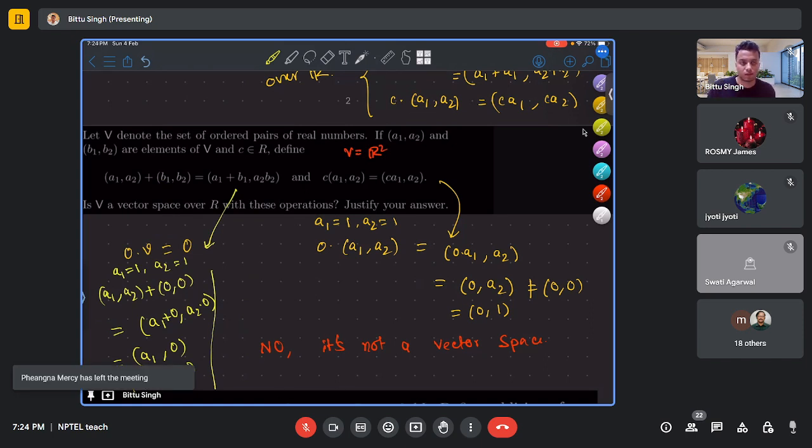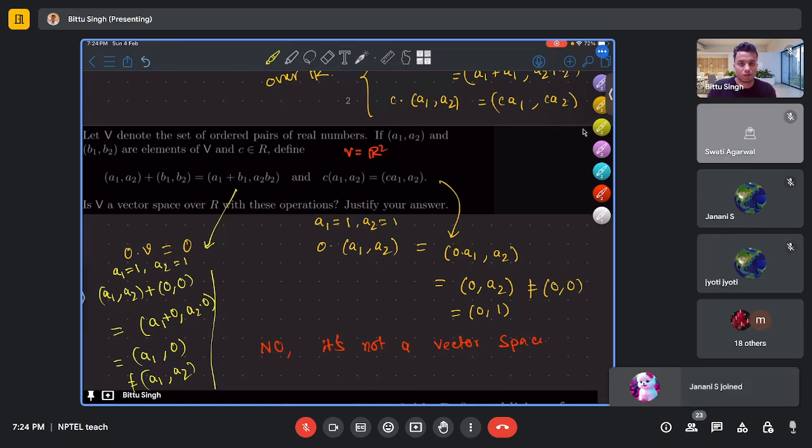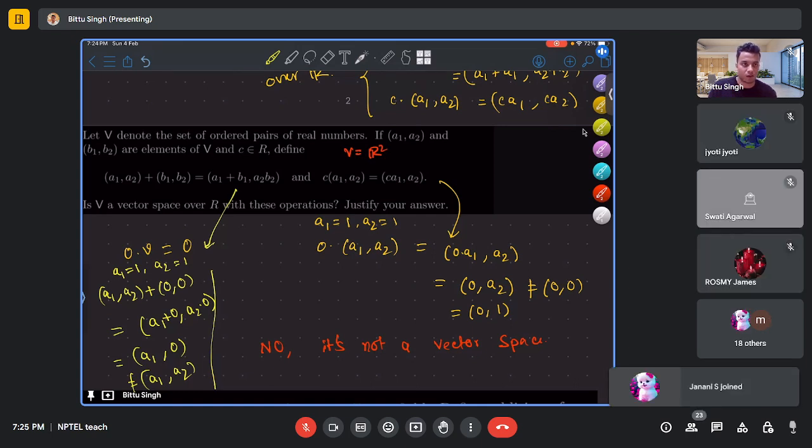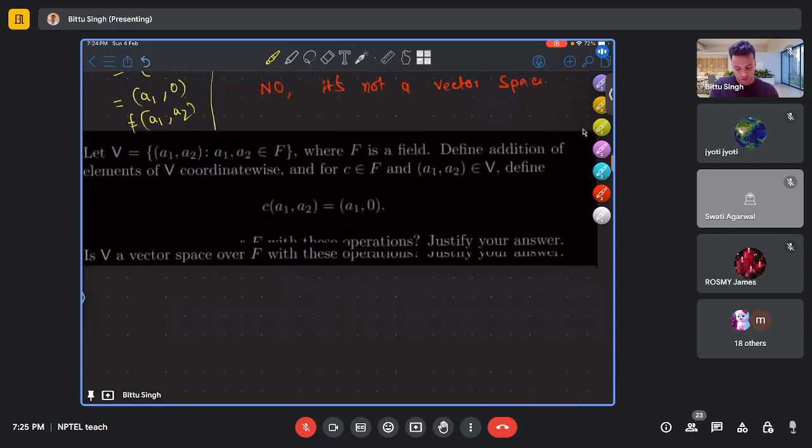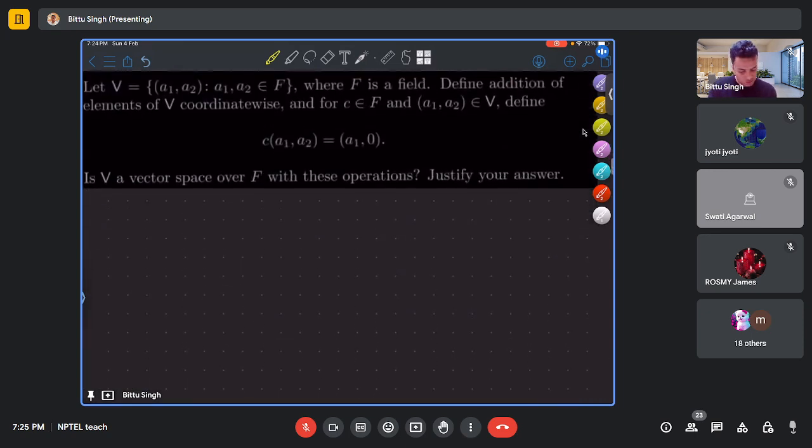Is it clear? Addition and multiplication do not satisfy the criteria to be a vector space. So let us see the third question.